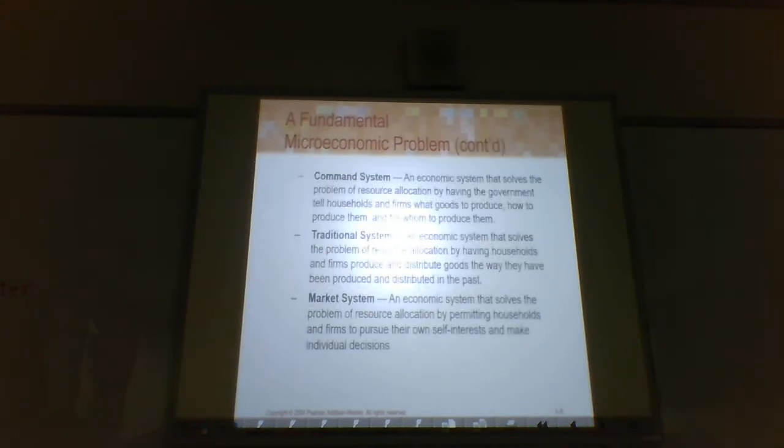Okay, so why? Because we have a command system. So as I talk about Cuba, right? Cuba basically is a country that regulates on everything. So foreign exchange, any kind of products, okay? And the traditional system, okay? So an economy system that solves the problem of resources allocation by having households and firms produce and distribute goods the way they have been produced and distributed in the past.